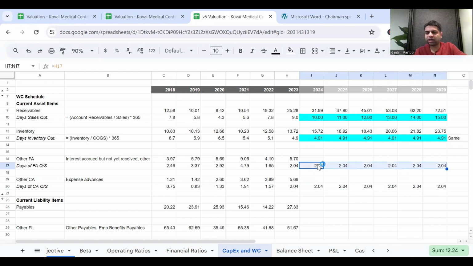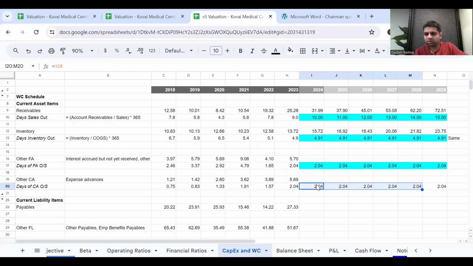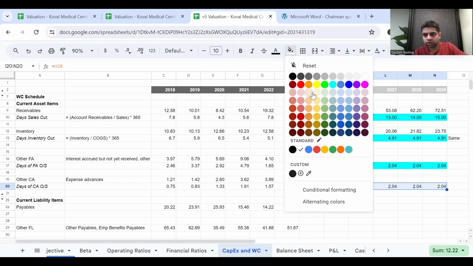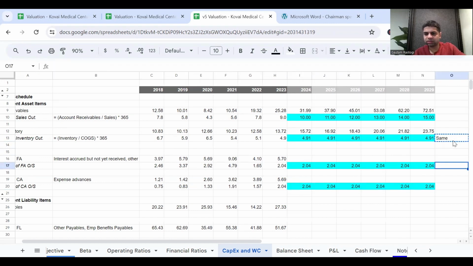I need to put them in a different color, the same color, since these are my assumptions. I've assumed the same, meaning this is the 2023 number throughout. These are just notes to myself; be as elaborate as you want.